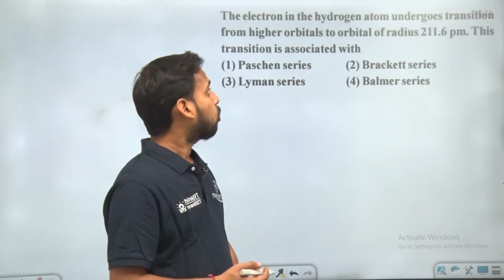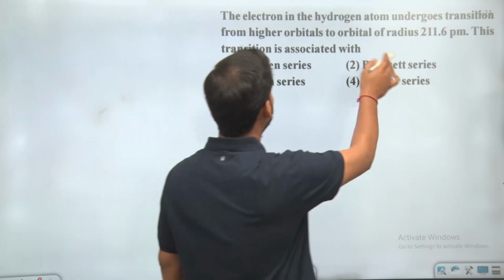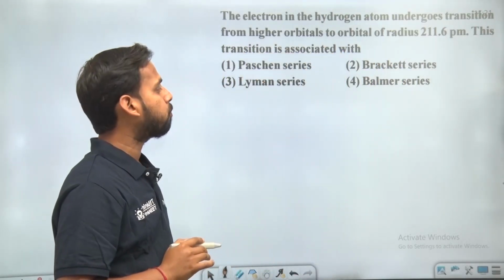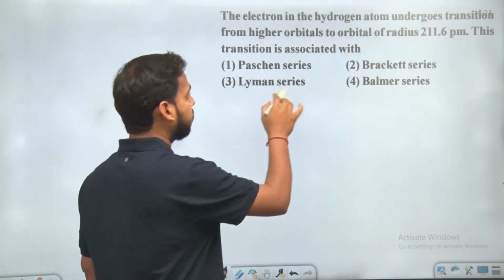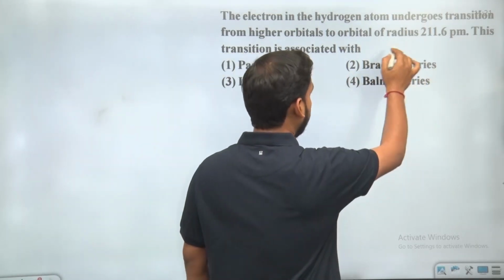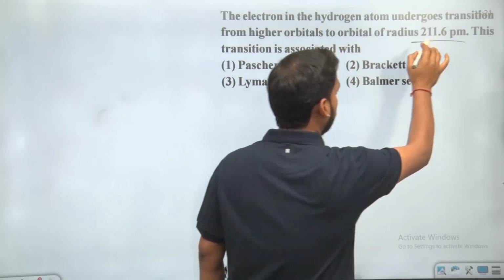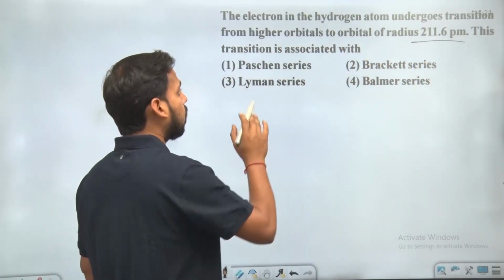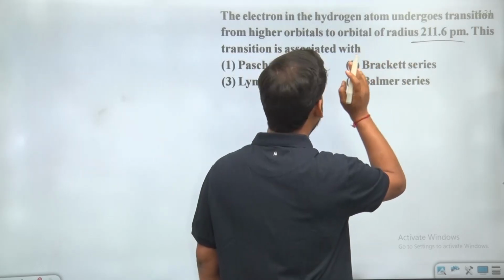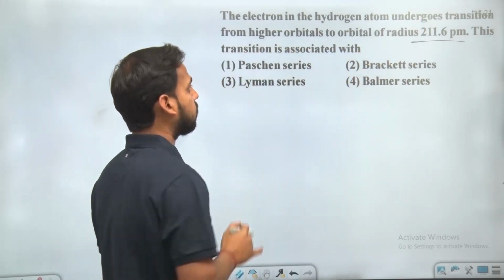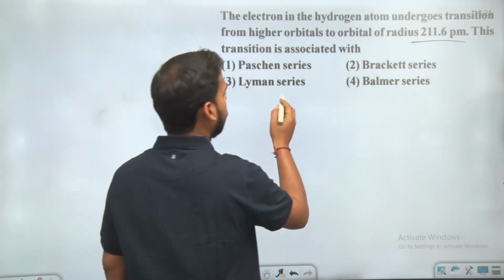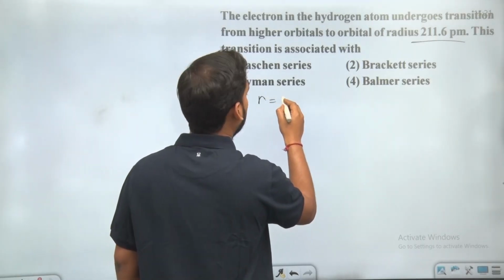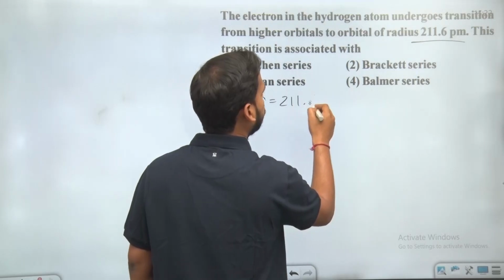Next question, the electron in the hydrogen atom undergoes the transition from higher orbital to the orbital of radius 211.6 picometer. This transition is associated with. So based on the radius, we have to calculate which particular transition series this radius belongs to. The radius R is given as 211.6 picometer.